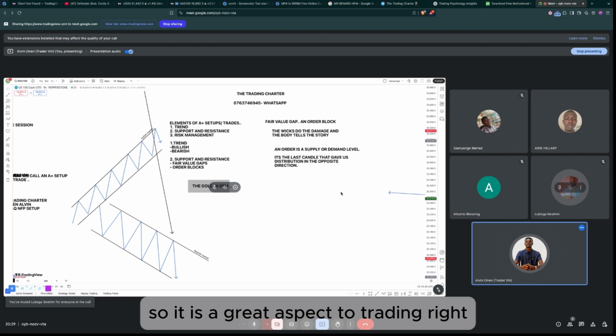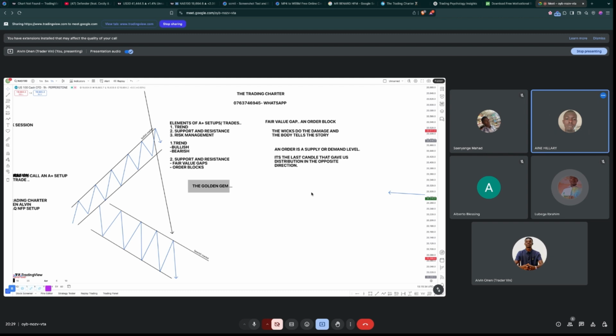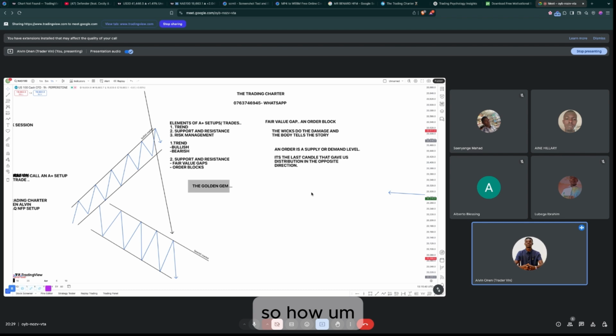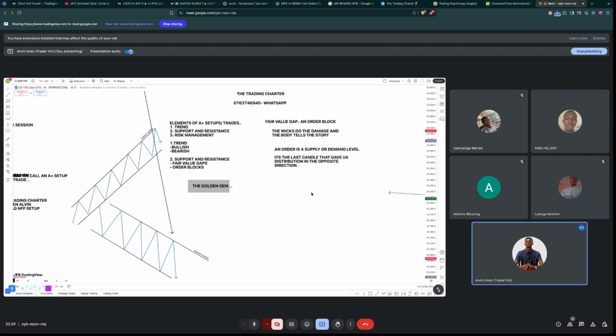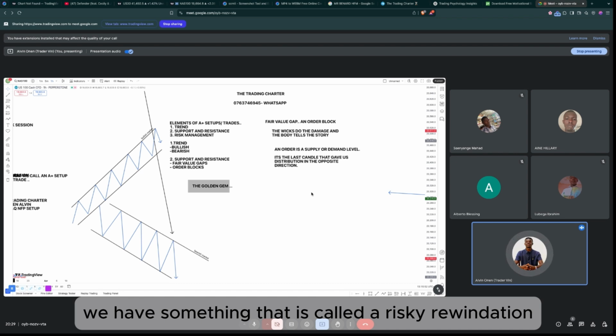So it is a great aspect to trading, right? We have many types of risk management and many examples.